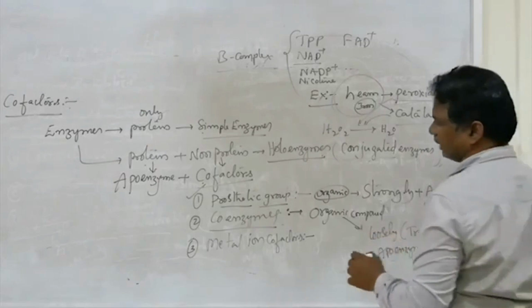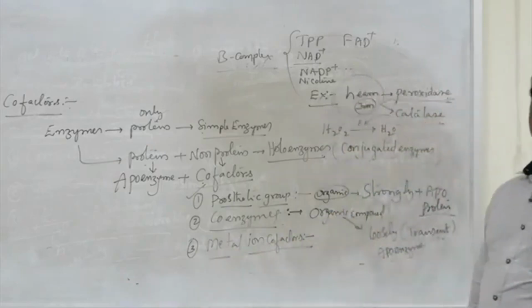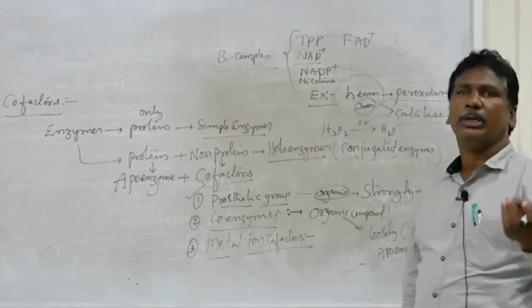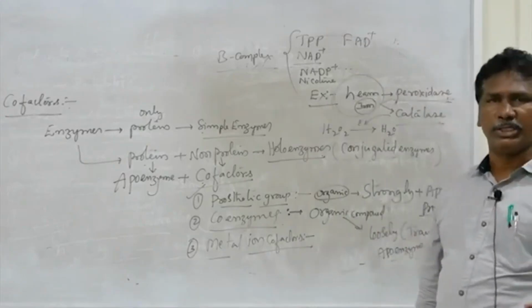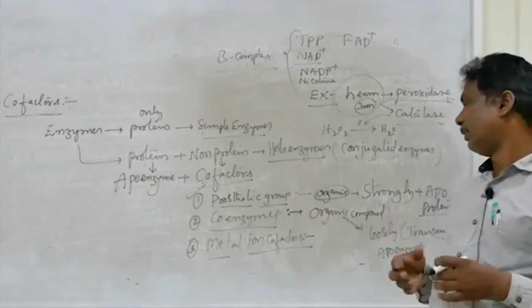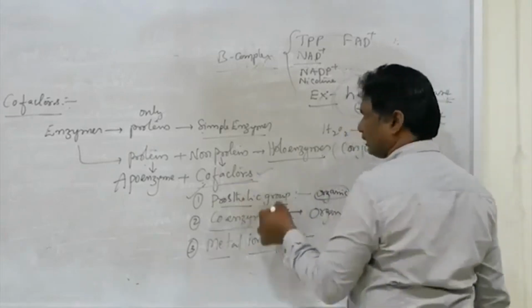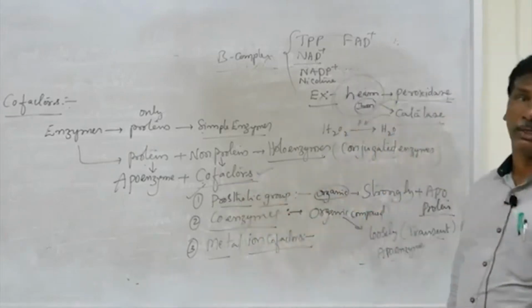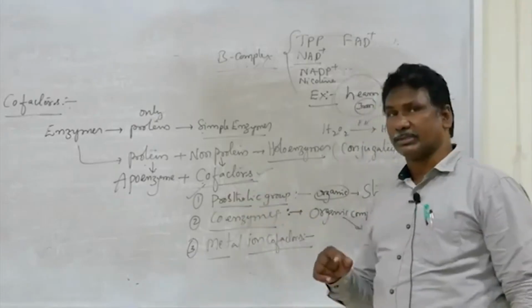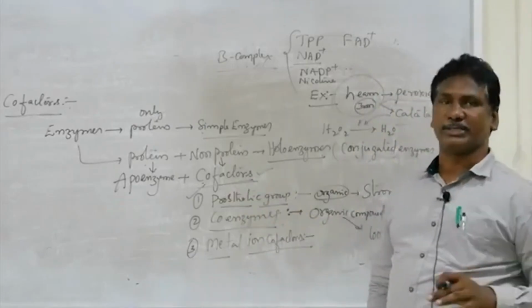Next, the last one, metal ion cofactors. Some of the metal ions like iron, manganese, magnesium, calcium act as cofactors. They are strongly attached to the enzyme protein and act as cofactors, and they activate the activity of an enzyme.